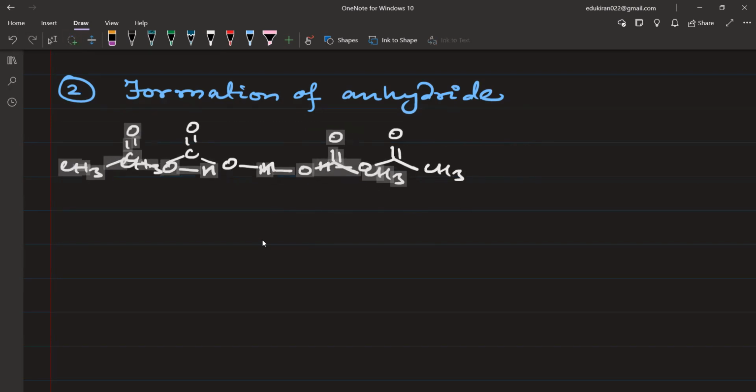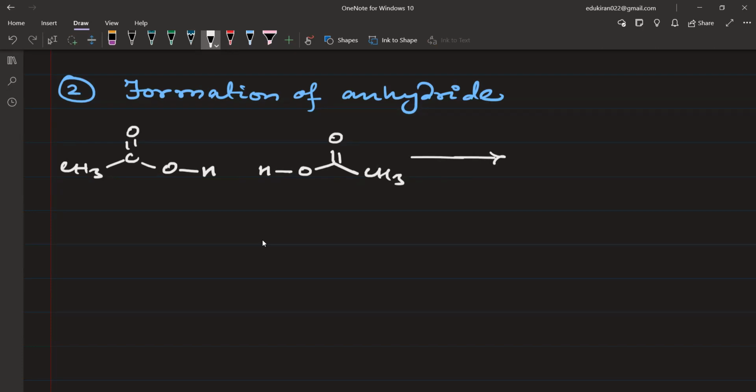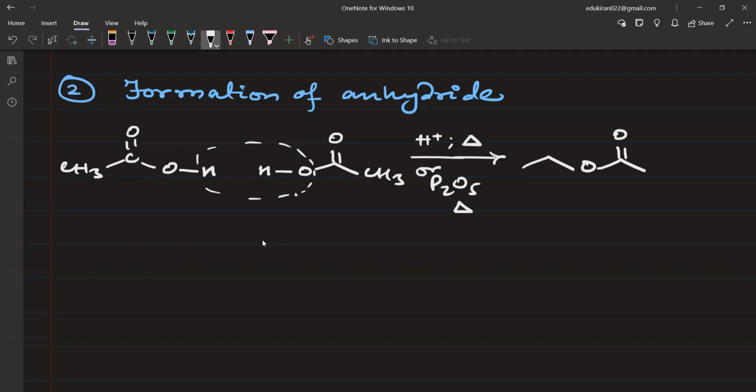In the presence of the reagent that you are going to use, H plus and heat, or you can also use P2O5 in the presence of heat. Both of these, what is going to happen? You are going to remove one water molecule like this. आपको क्या मिलेगा? CH3 C double bond O oxygen and then again C double bond O CH3.